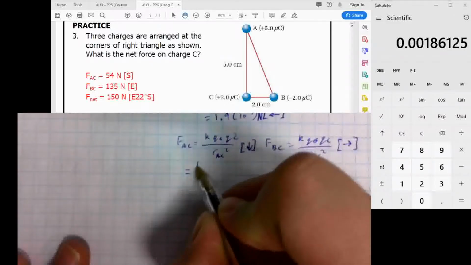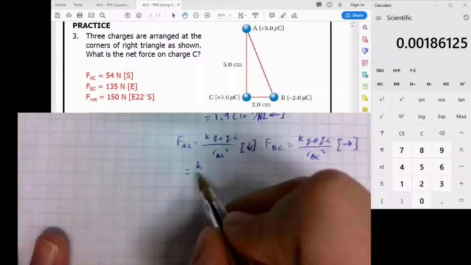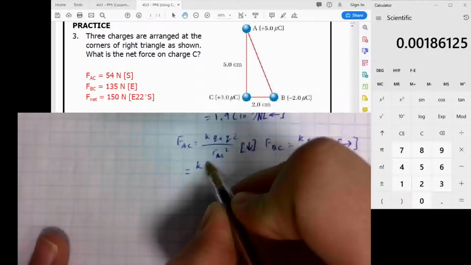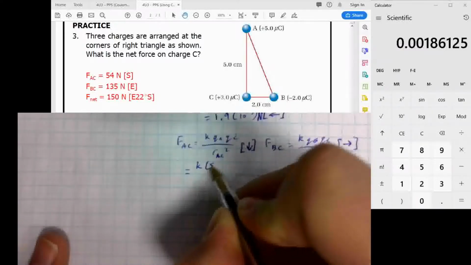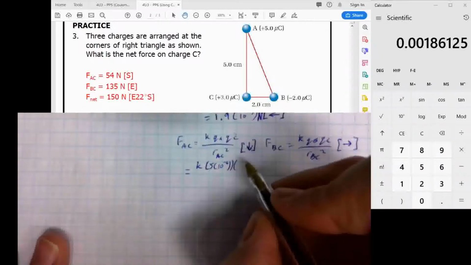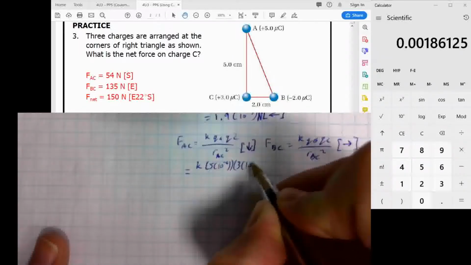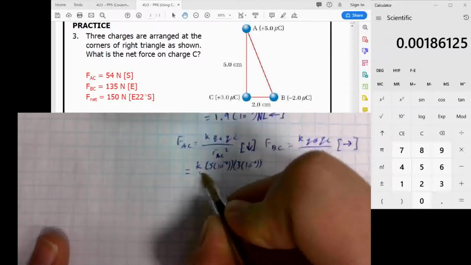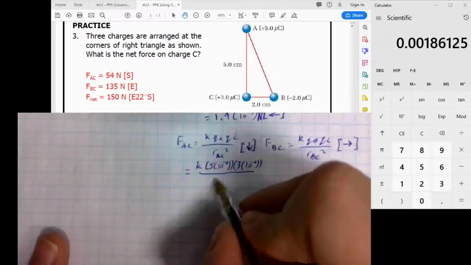And this is going to be K. QA is 5 times 10 to the negative 6. And C is 3 times 10 to the negative 6. And the distance between them is 5 centimeters.